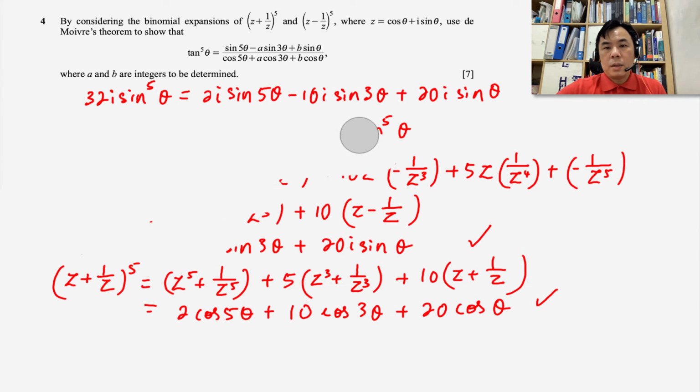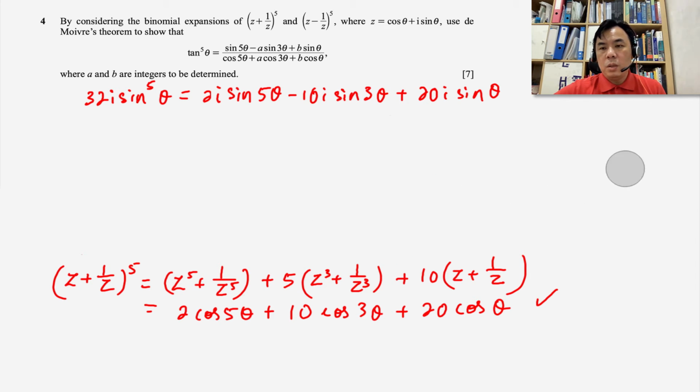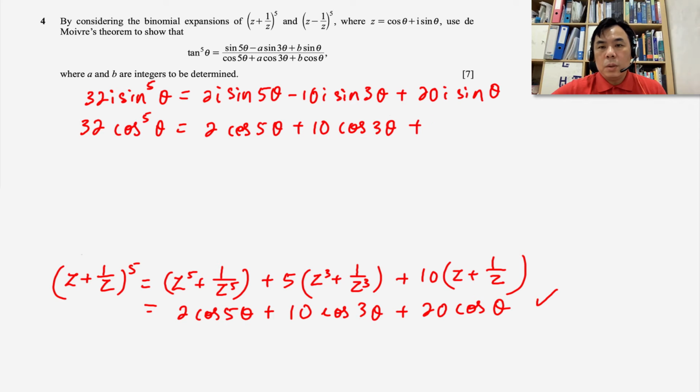And then next, the second result that I obtained from the previous question, that is, we know that this is given by 32 cosine phi theta, is given as 2 cosine phi theta plus 10 cosine 3 theta plus 20 cosine theta.